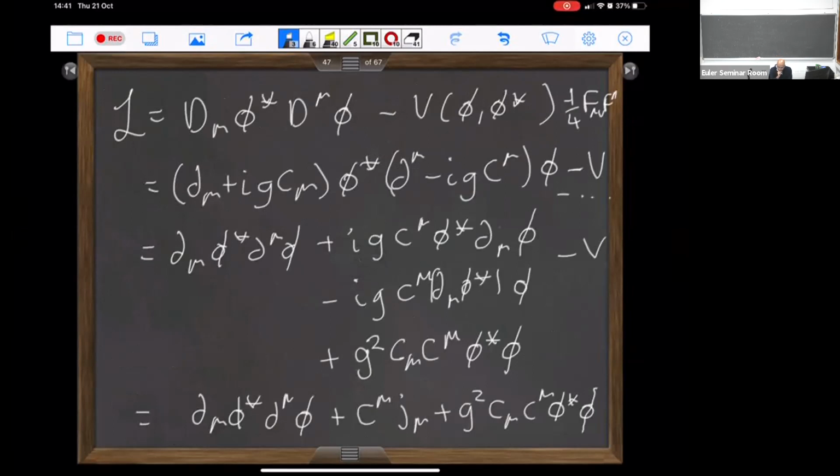We've got our Lagrangian at the top, and I've just expanded out all of the terms, and at the bottom, we see that we can write it as a kinetic term for the scalar, plus the current coupled to the gauge field, minus the potential (sorry, I keep forgetting to subtract the potential), plus this quadratic term in which the gauge field A mu is interacting with phi star phi with coefficient g squared.